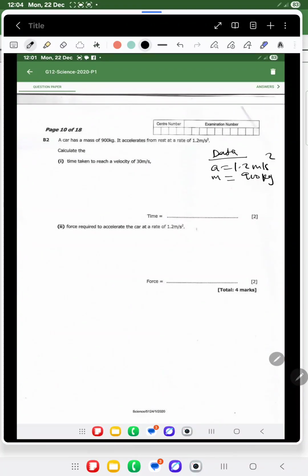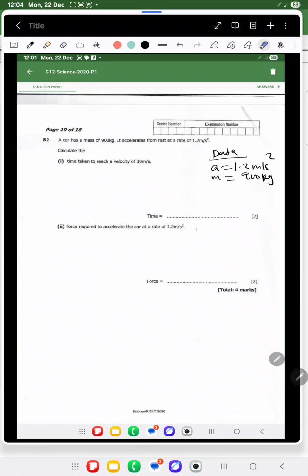Now, how do you calculate the time when you are given the acceleration and also the speed at which the car was starting at? We are told that the car was starting to accelerate from rest. So it started from rest, and then it reached the velocity of 30 meters per second.